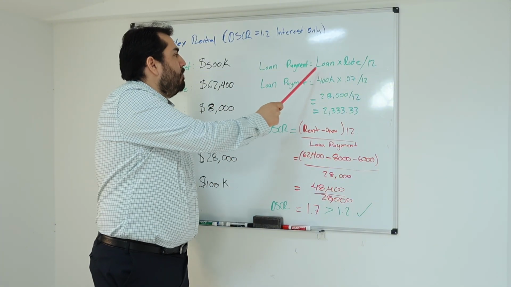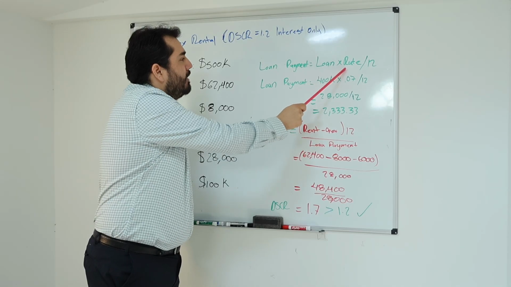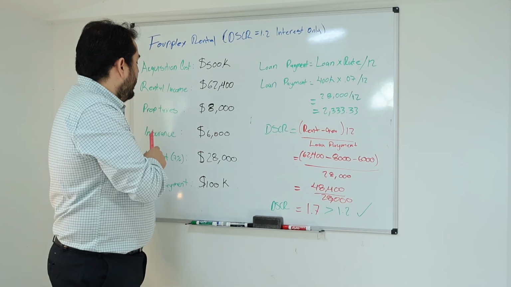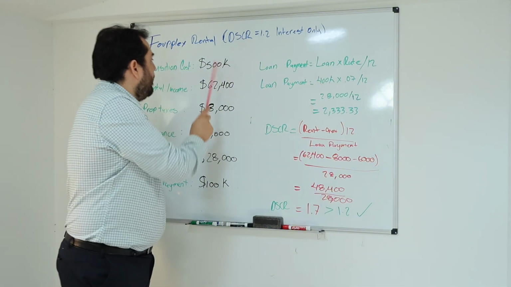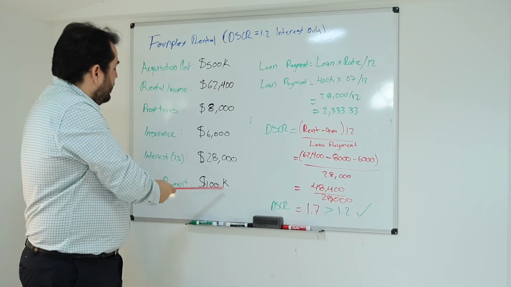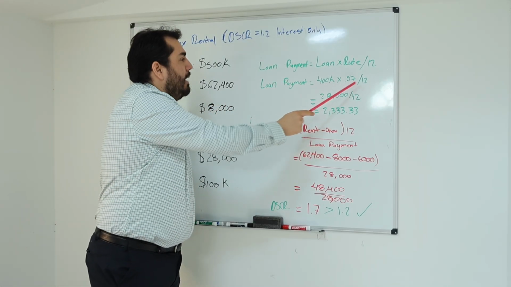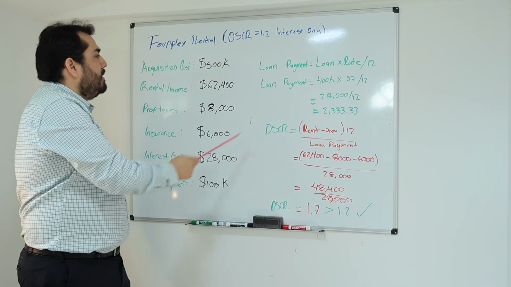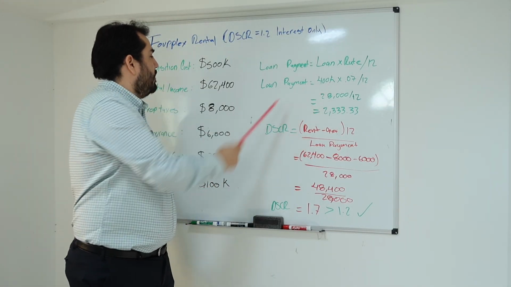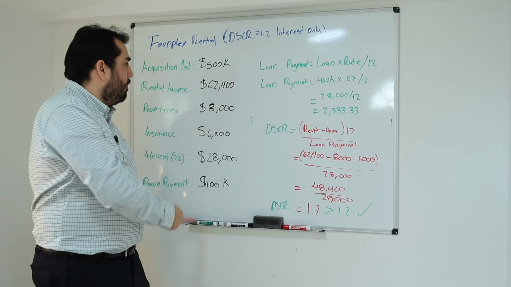To calculate the loan payment, we have the loan of $400K, because we have the $500K cost of the property less the down payment.